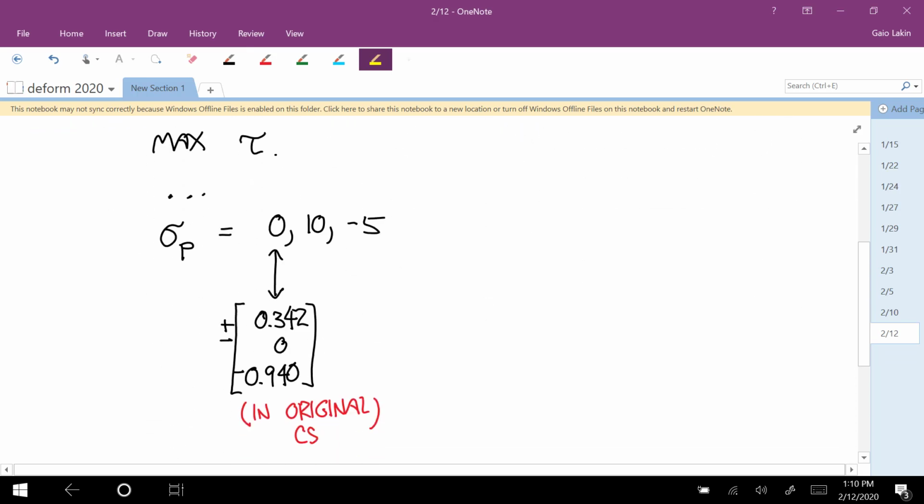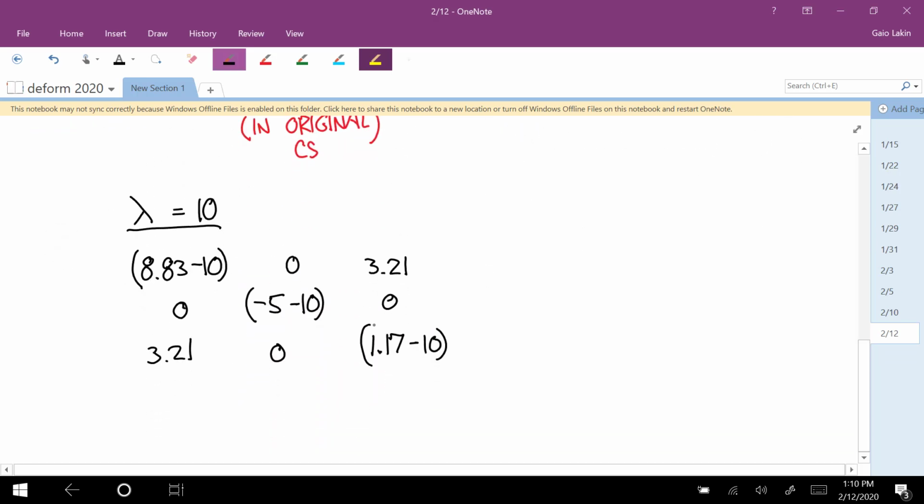That's what it was, right? Yes. And we're trying to find nx, ny, nz, where those are a unit vector.